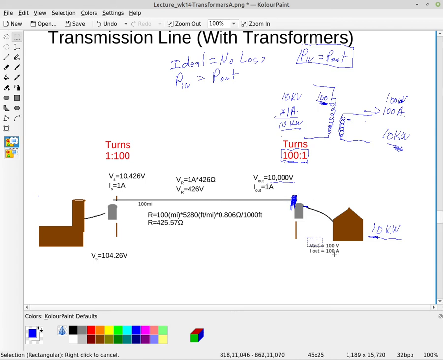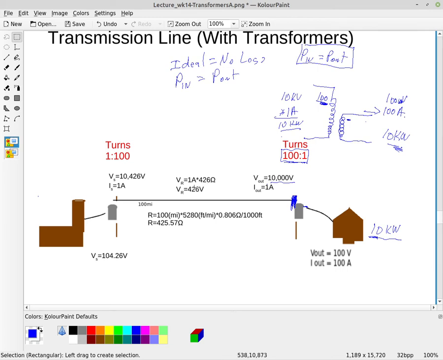But on the right side over here, I've got 100 volts, but 100 amps. It's the exact same power. All right. However, look what happens now.